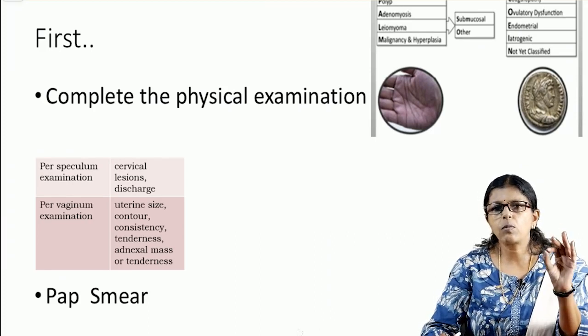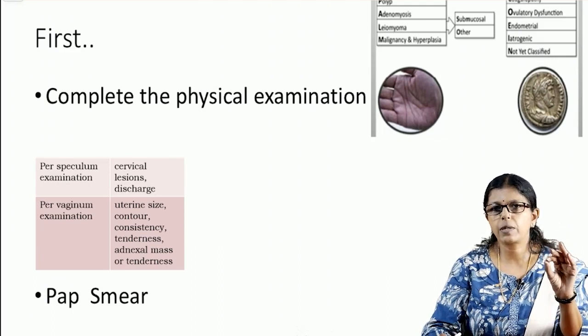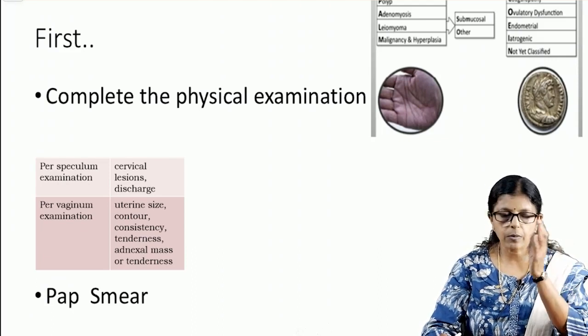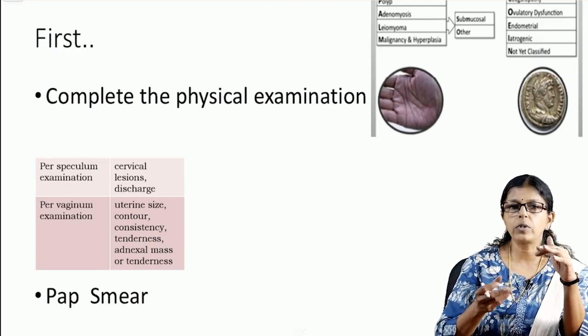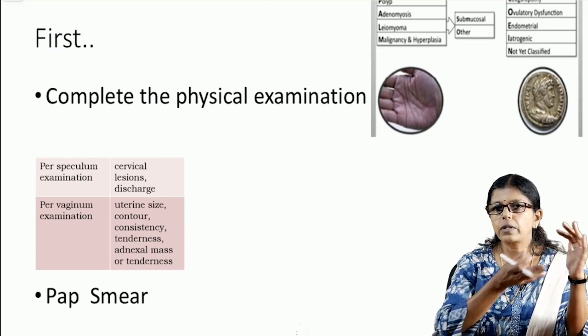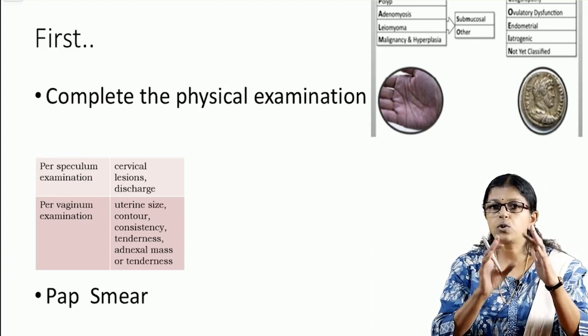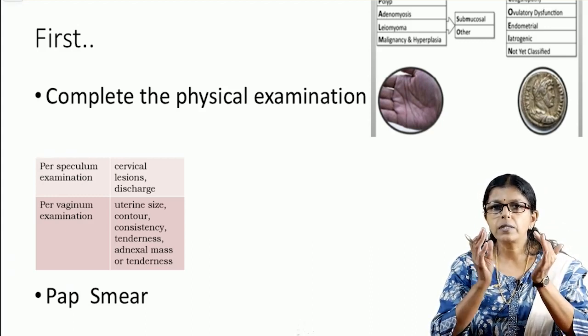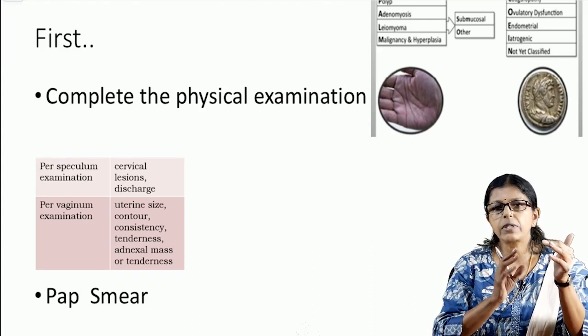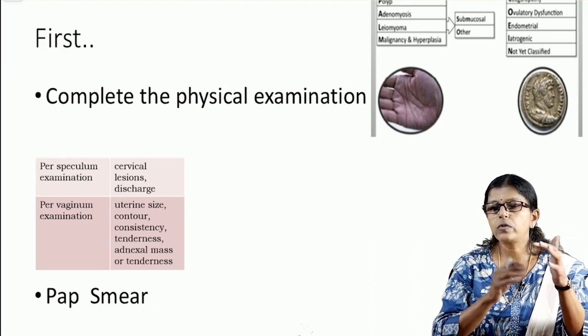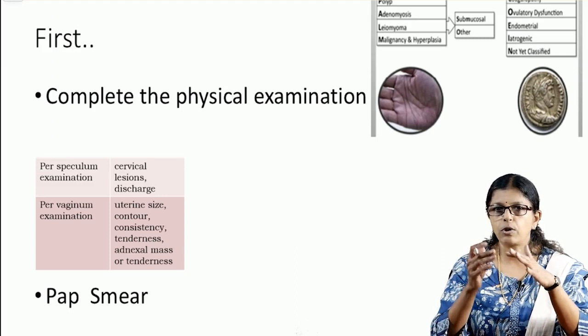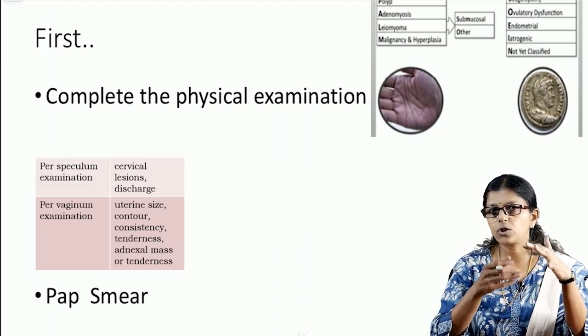So there are some pathognomonic features that you will find on examination. For example, if there is a fibroid, you're supposed to check transmitted mobility. When you move the cervix, you will find that the uterus also moves. You can palpate that with your upper hand. So you know that this mass that you're feeling is from the uterus, it's arising from the uterus. If it doesn't move, then it's probably an adnexal mass, which will not move when you manage to move the cervix.